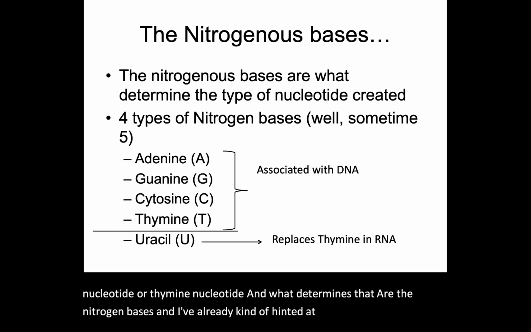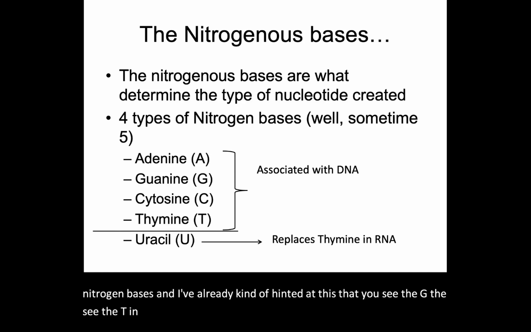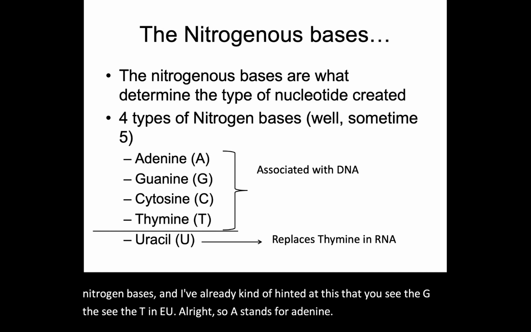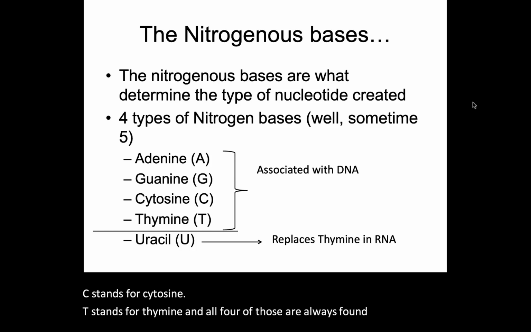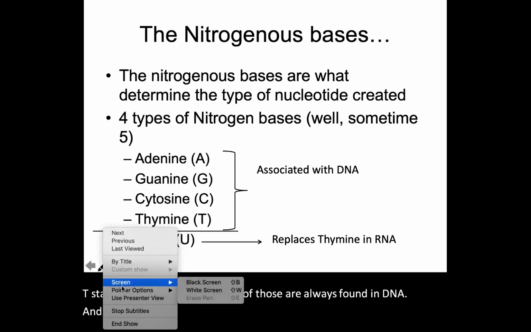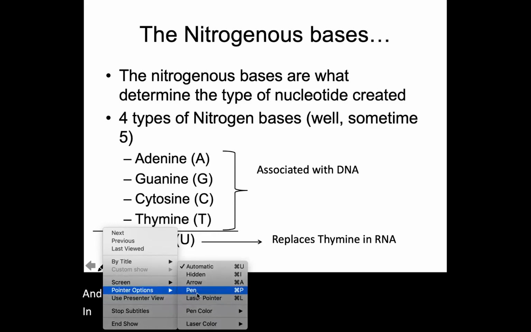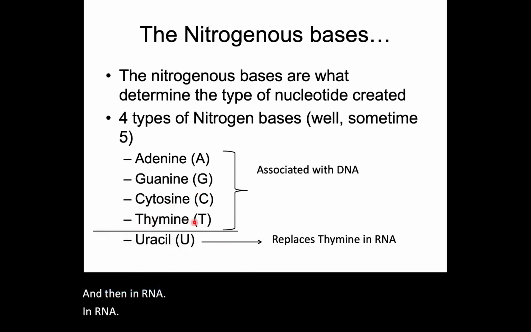I've already kind of hinted at this. You see the A, the G, the C, the T, and the U. A stands for adenine, G stands for guanine, C stands for cytosine, and T stands for thymine. All four of those are always found in DNA. Then in RNA, we replace thymine with uracil.